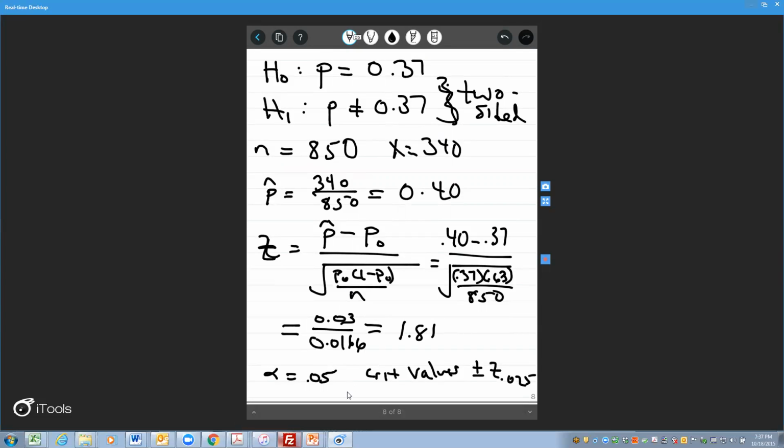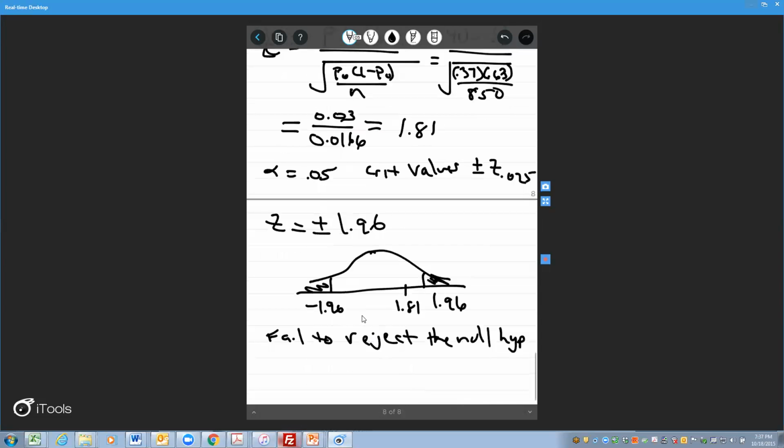Because this was a two-sided test, we had to divide alpha into two pieces and come up with two critical values, because we would then have two critical regions. If we lay in either one of these two critical regions, we would reject the null hypothesis. We're not in either one of those, so we fail to reject it.